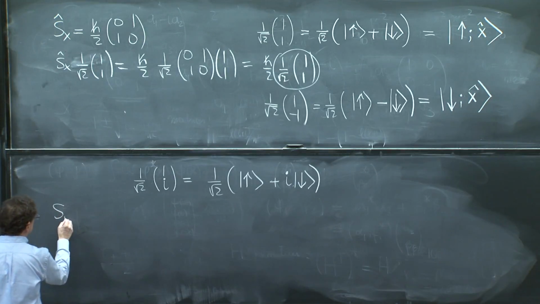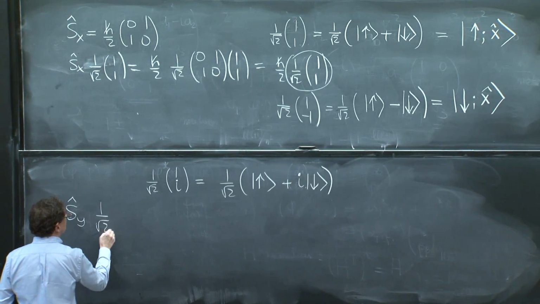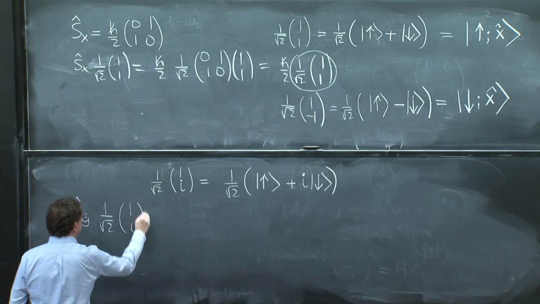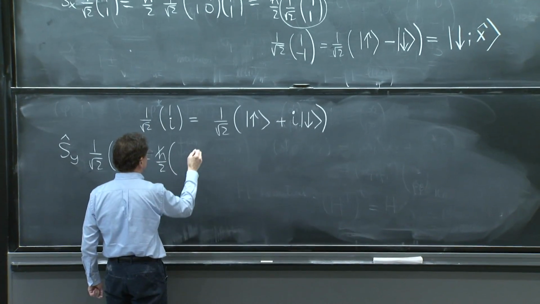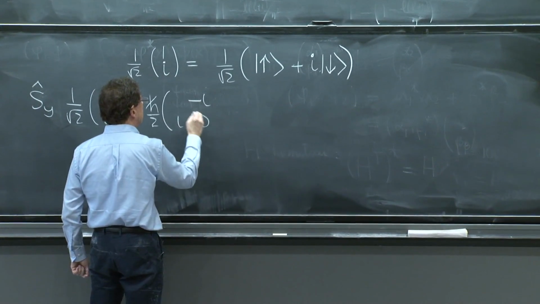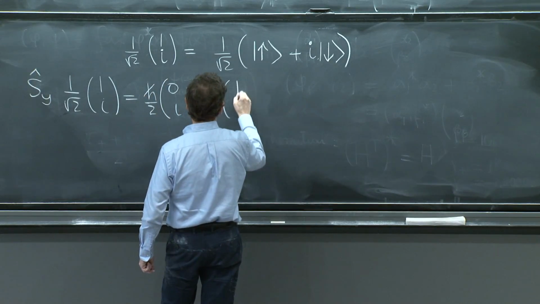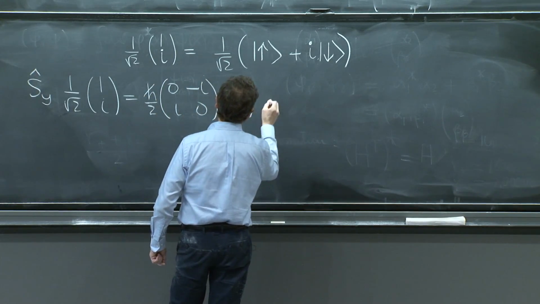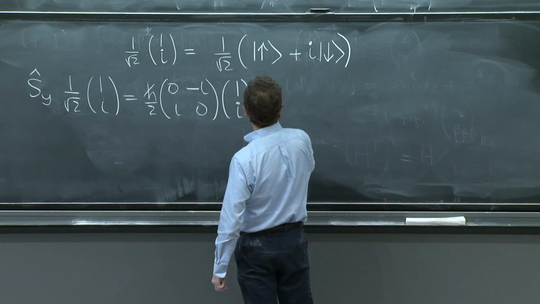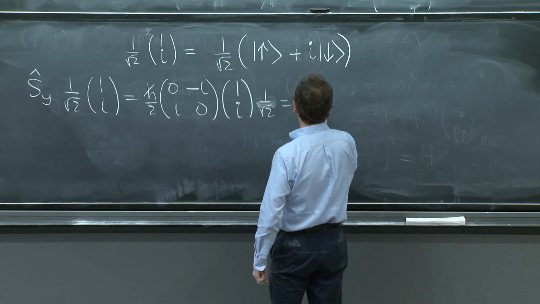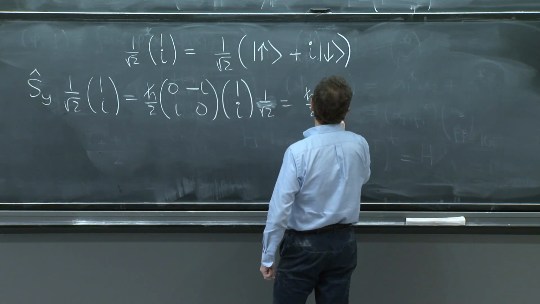Well, let's see what it does with Sy. Sy is h bar over 2 times the matrix (0, minus i; i, 0), acting on (1, i), and there's 1 over square root of 2.